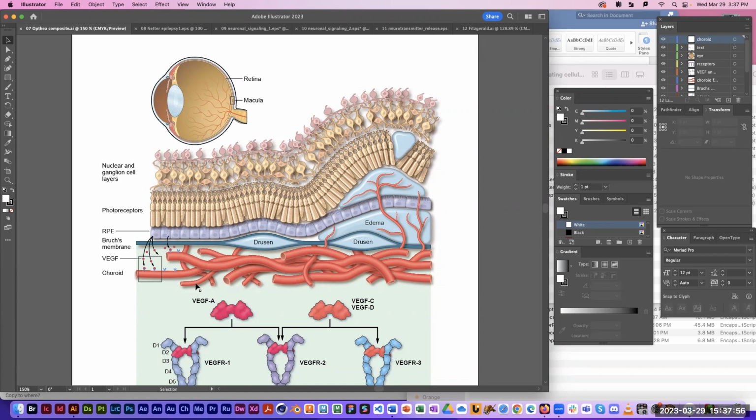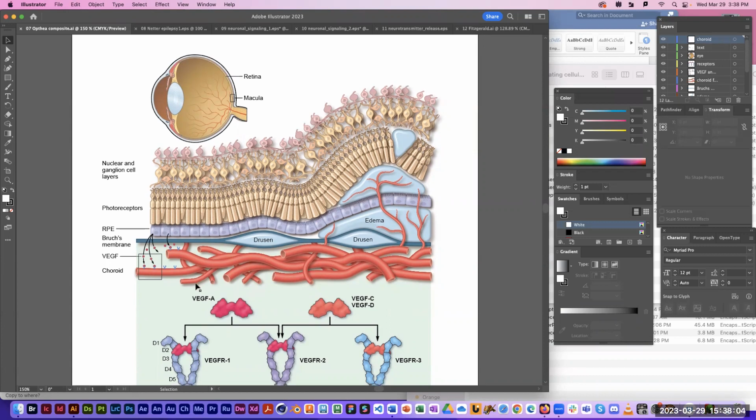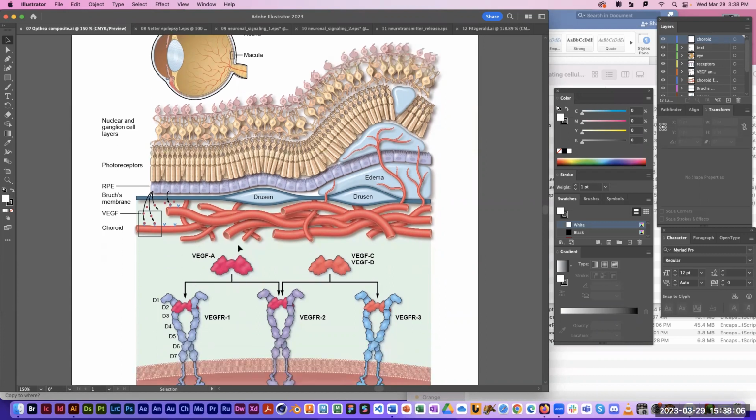And what happens in wet age-related macular degeneration is you've got an overabundance of these proteins called VEGF, which is vascular endothelial growth factor, a protein that promotes the formation of new blood vessels. And in the retina, you don't want that.